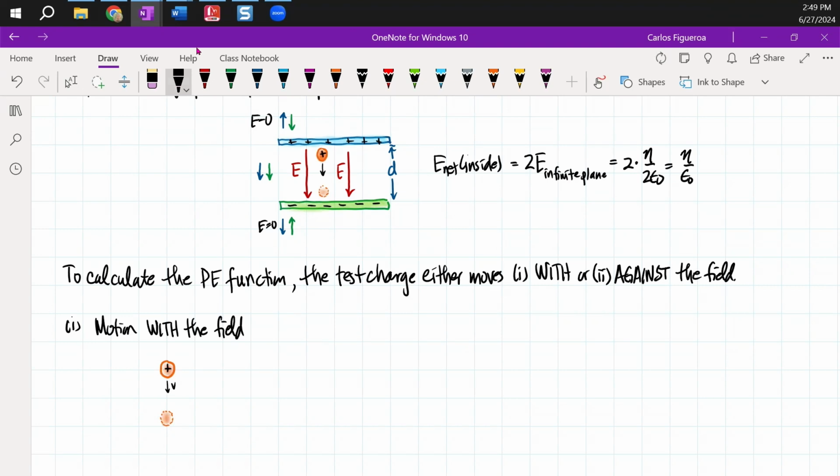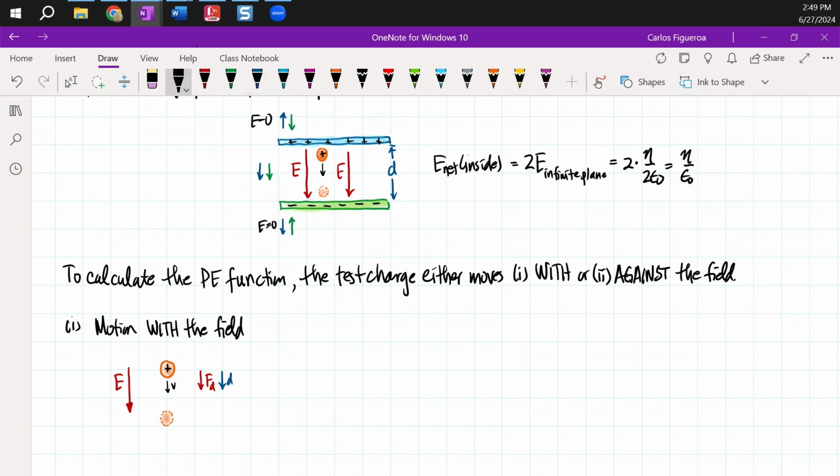And I now have an electric field. That electric field is pointed in the downward direction, the net field. So when I'm looking at this, there's going to be an electric force and there's going to be a displacement, and that displacement and the force are in the same direction.